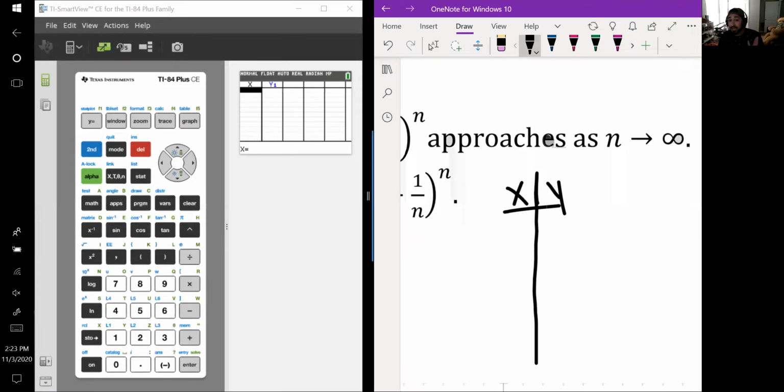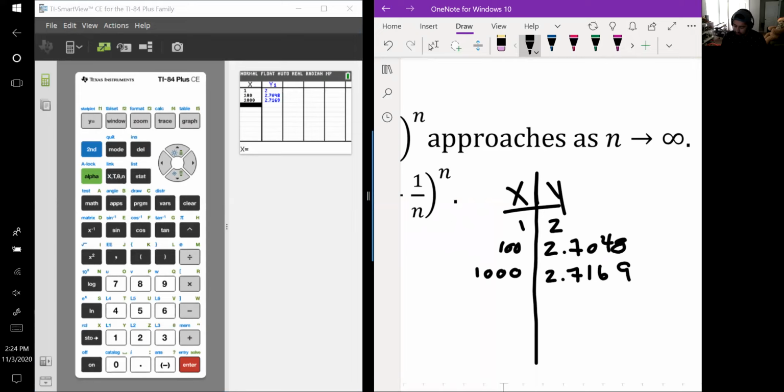we have to get infinitely large, right? So if I start with 1, I get 2. Now when I say infinitely large, think big. Let's go from 1 to 100, and I get 2.7048. Let's up it another notch. Let's go to 1,000. I get 2.7169.